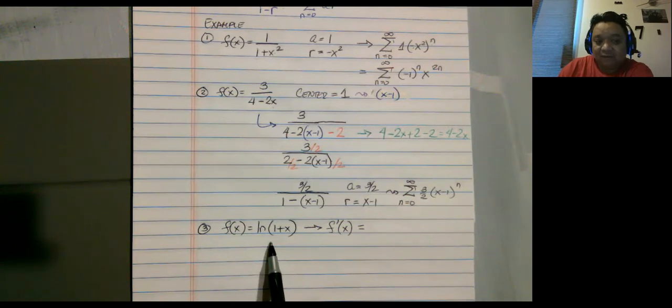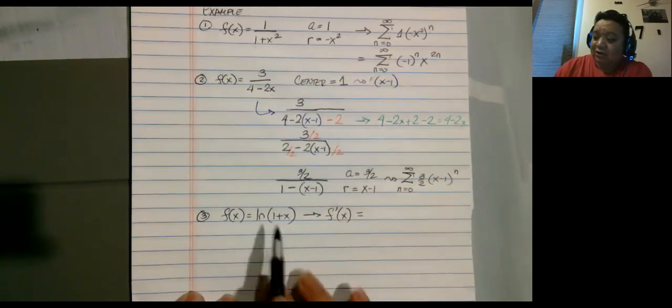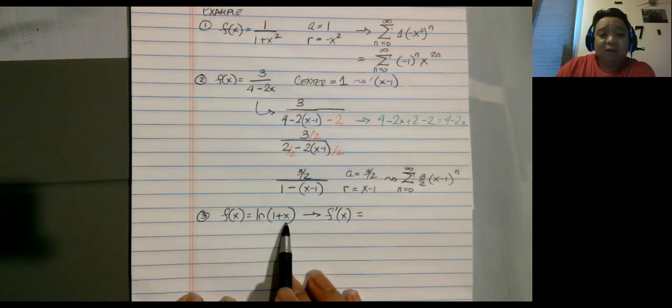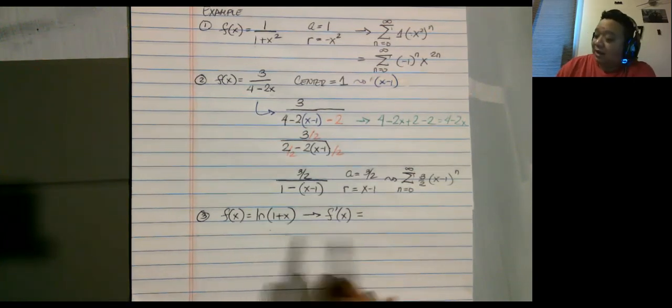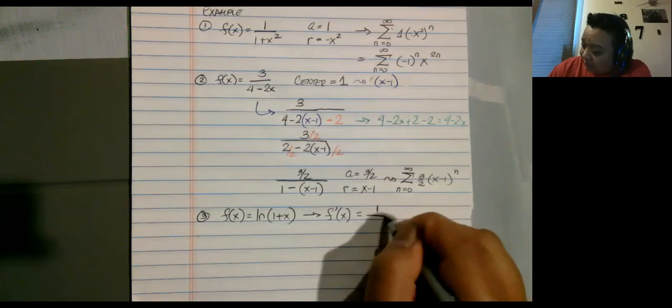Anyone? It's your natural log, so it's 1 over, and then the derivative of 1 plus x is 1, so the chain rule doesn't really give you anything but 1. And so the derivative is this.